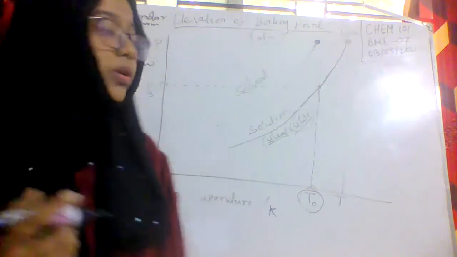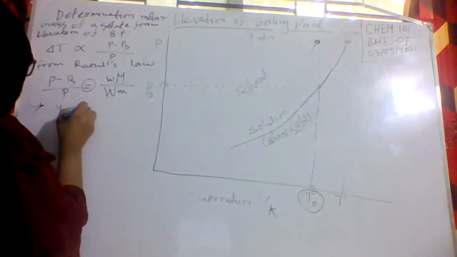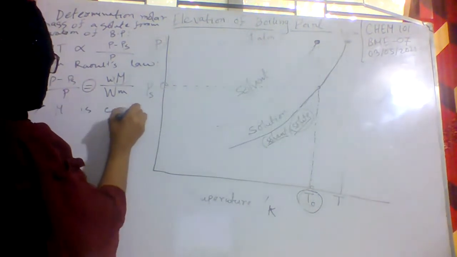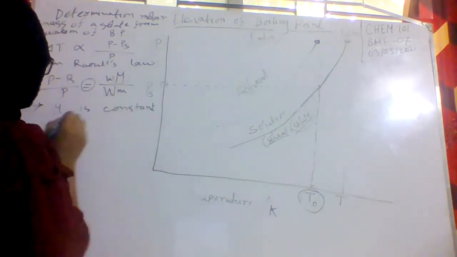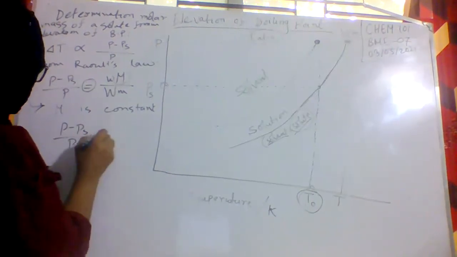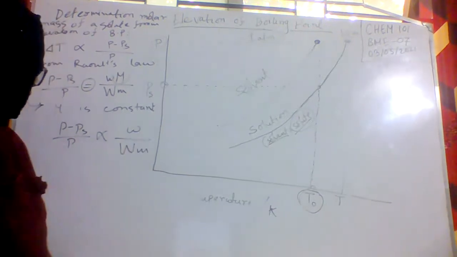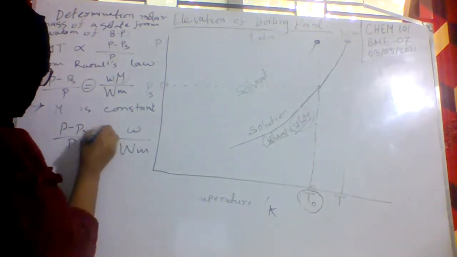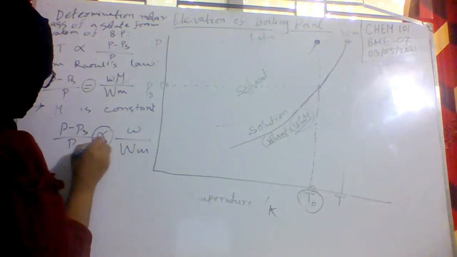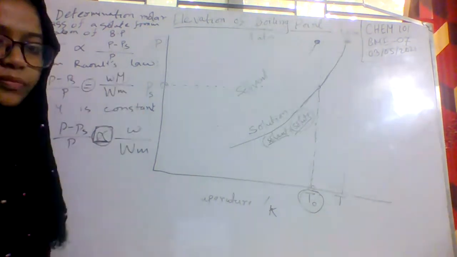Since M is constant, we can write it as proportional to w by W by M, replacing this M with a proportionality constant.